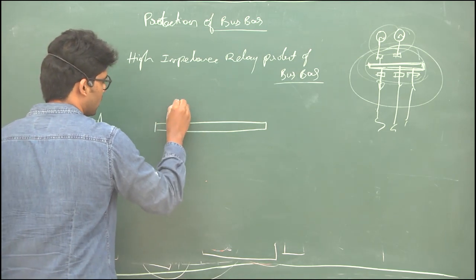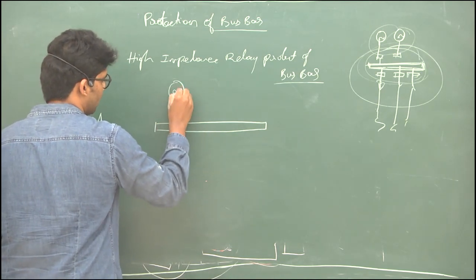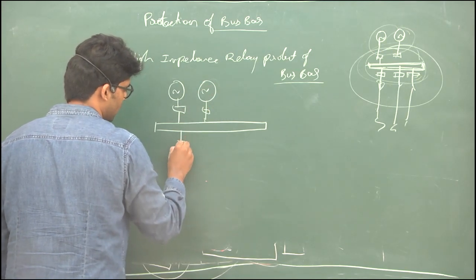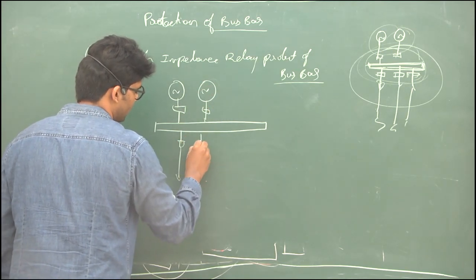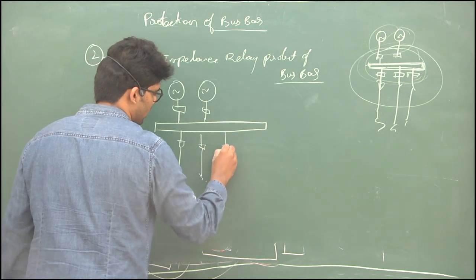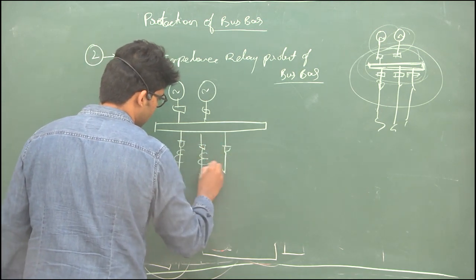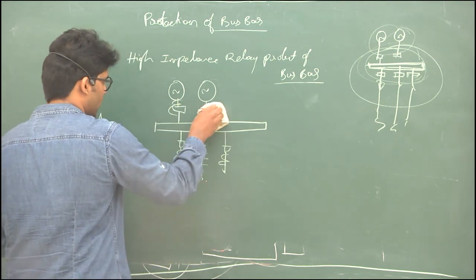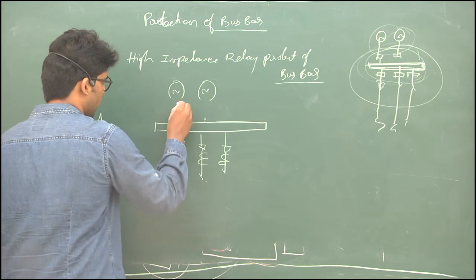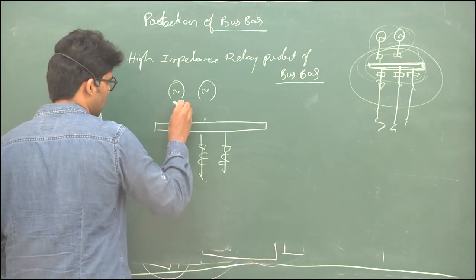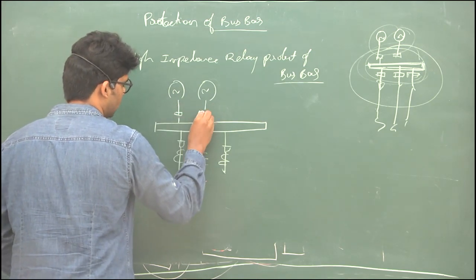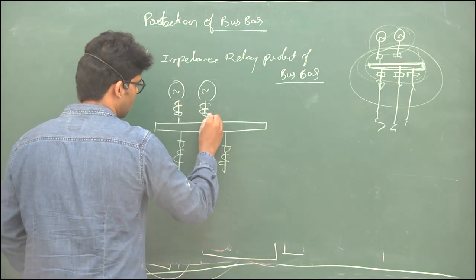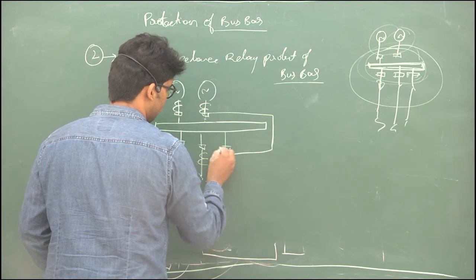We'll see now. This is the alternator supply. I'm taking two alternators here, with the sending ends, and we have the CTs here, and the CTs here as well, and these are connected like this.